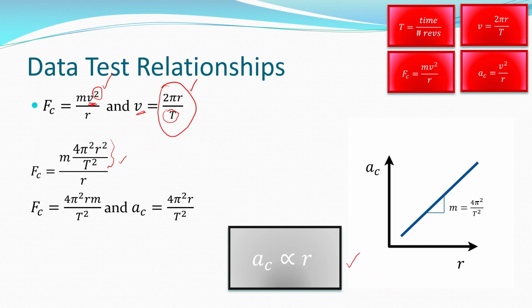Now, from there, we can just simplify our equation down here. We've got our T squared on the bottom of the fraction there, that's why it ends up in there. The r's will cancel out, just leave me with 1 r on the top, and I still have my 4 pi squared.